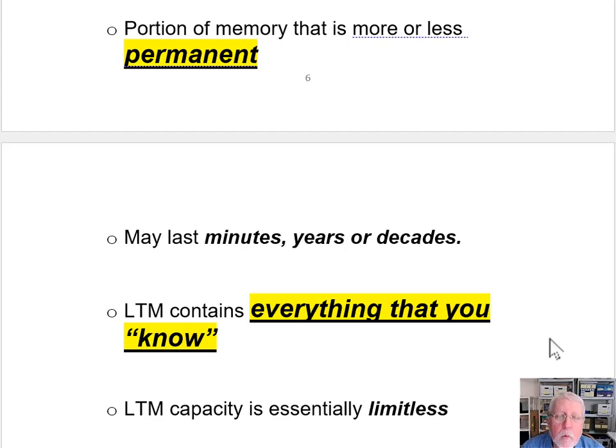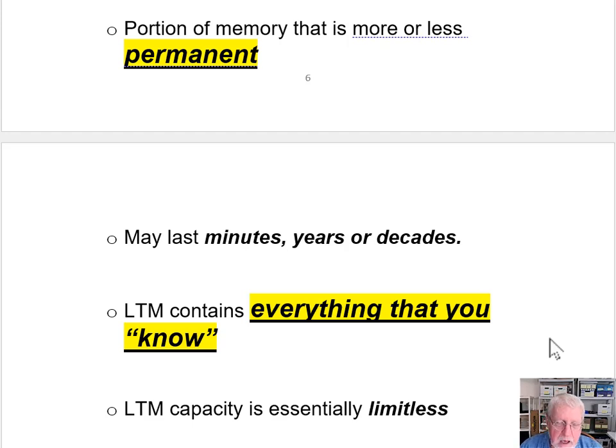If you know what the interest rate is on business transactions in the state of Michigan, it's because that piece of information is in long-term memory. If you know what color the couch is in your mother's living room, it's because that information is in long-term memory. It's everything that you know.